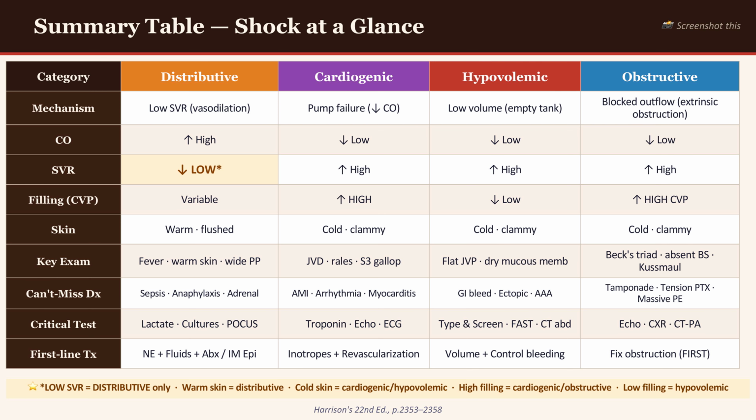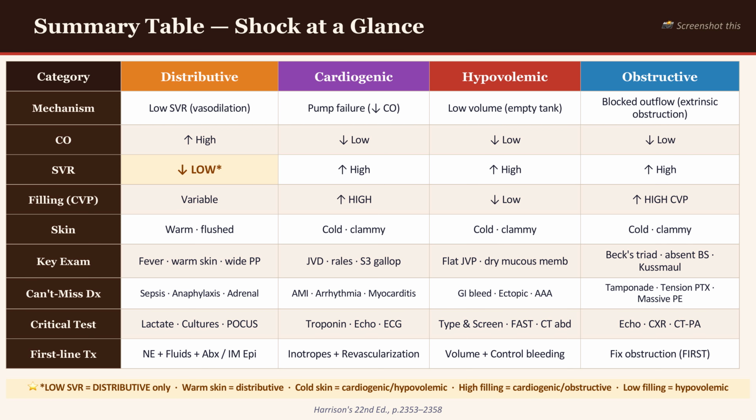Let's bring it all together. 4 types of shock: distributive, cardiogenic, hypovolemic, and obstructive. One unifying equation: MAP equals CO times SVR. The approach is always the same: figure out which variable is broken, and the treatment follows. Low SVR means distributive. Say that in your sleep. Warm skin versus cold skin is your fastest bedside discriminator.